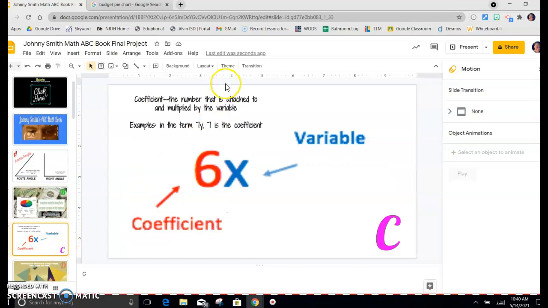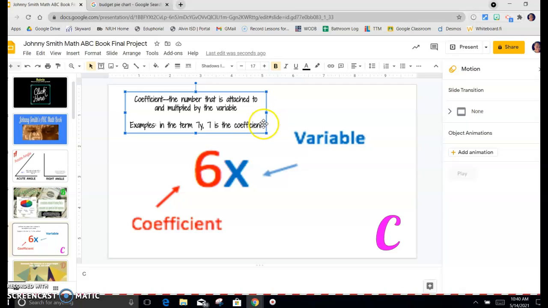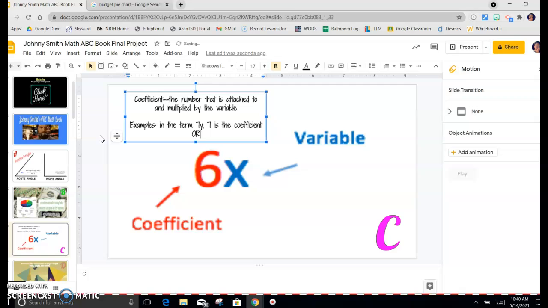All right, down here I added for coefficient examples in the term 7y. 7 is the coefficient. I can add to this and say, or in the term m over 5, 1/5 is the coefficient.